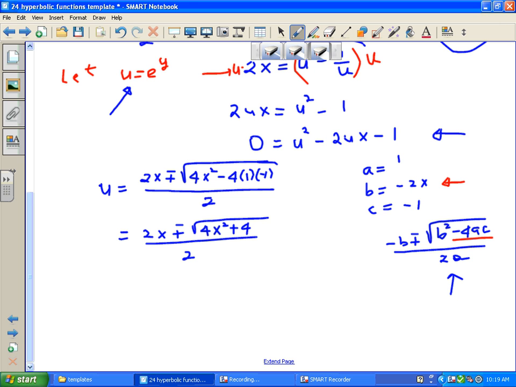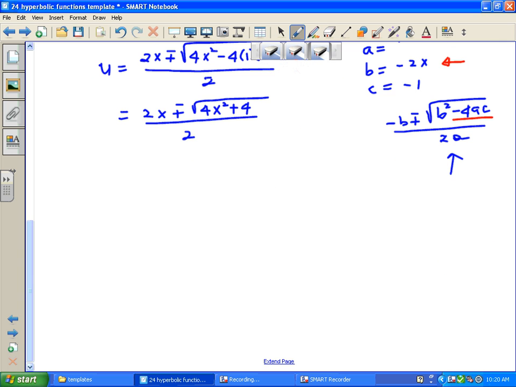Because I can factor the 4 from both terms, then I can take the 4 out as what? As a 2, exactly. And then everything will have a 2. There's a 2x, the squared will have a 2 in front, and there's a 2 on the bottom. So you can further factor the 2 out and cancel the 2's as well. So that will leave us with the following. Okay, so first let me write the first step. This is plus or minus 2 times the square root of.